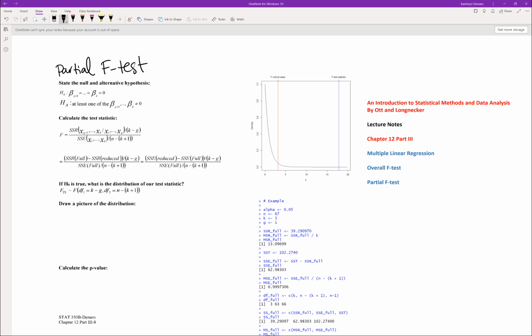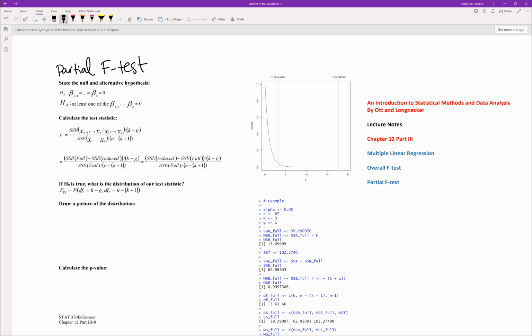So what we're really asking is H0: beta g plus 1 up to beta k, do those all equal 0? Or is at least one of the additional slopes related to those predictors not equal to 0?